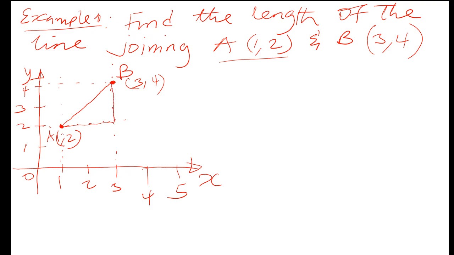And remember, in the straight line, this one is a straight line, and this one is a straight line as well, which means this one is a right angled triangle. So for us to find this one, we can use the right angled triangle theorems, one of which is a Pythagoras theorem. In this case, this one is our hypotenuse. AB is our hypotenuse.